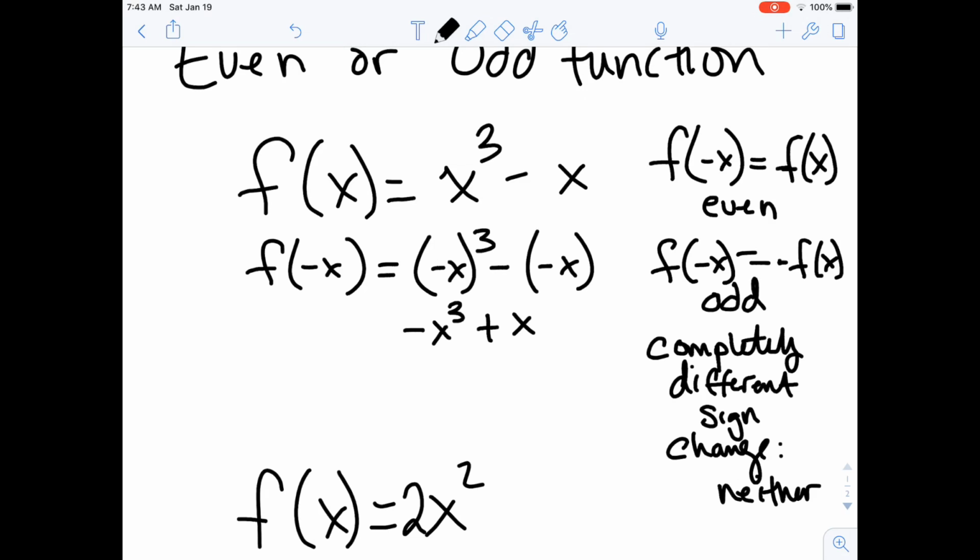Okay, does it match it, but all the signs are different? Well, in the original function, x cubed was positive, and this one down here, I got x cubed to be negative, okay? And then my other term was negative x, and then this one I get positive x. So everything matches except for the sign, all the signs have been changed, right? So this would be considered an odd function.